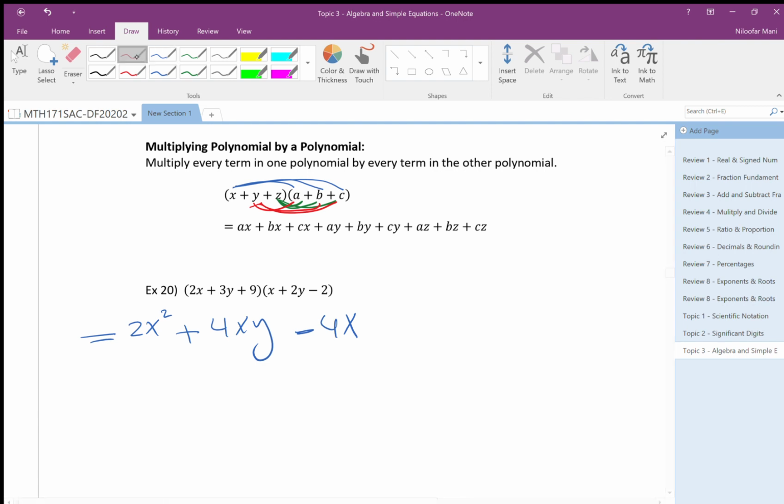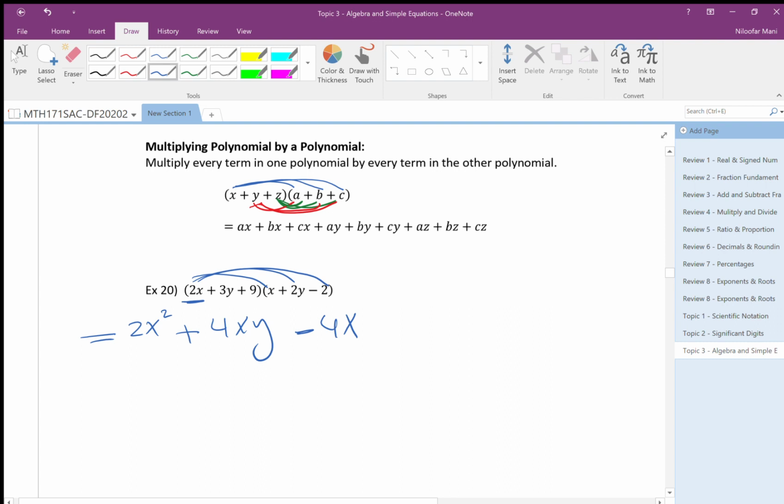Maybe I want to change my color, so I make this one blue. Here I can underline this. I can show it this way.